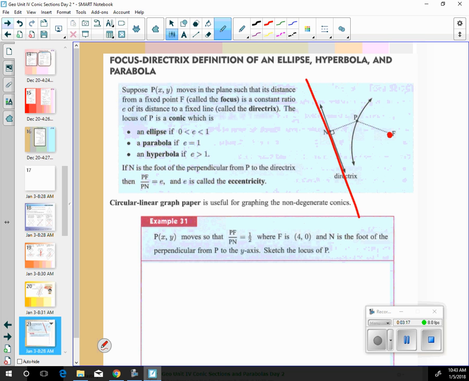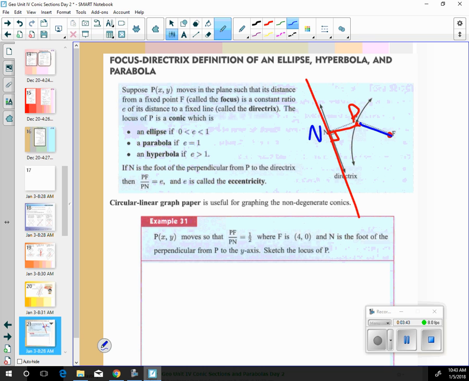We're going to take a point P somewhere between the line and the focal point. And if you draw a perpendicular from the directrix to that point and then connect it to the focal point, you're going to get two line segments. Those line segments will have different lengths to them.